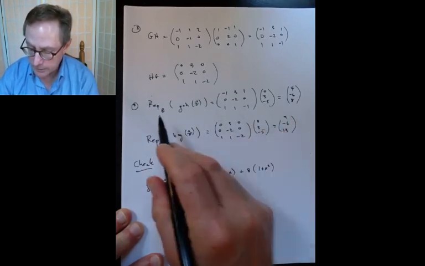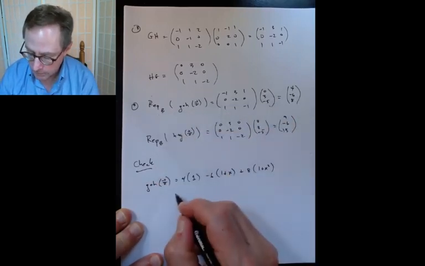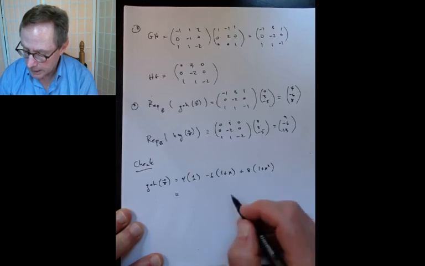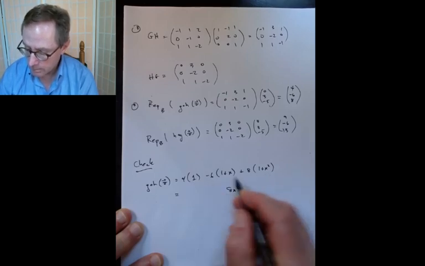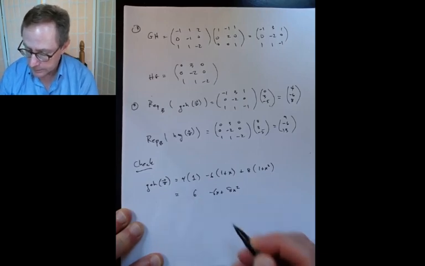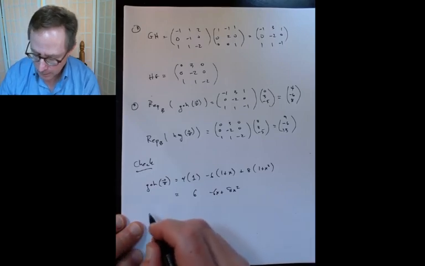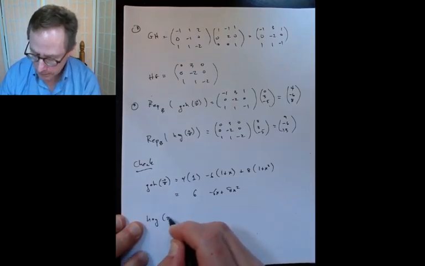That's what representation means. And when you do the arithmetic, you get obviously 8x squared minus 6x and 6. Yay!